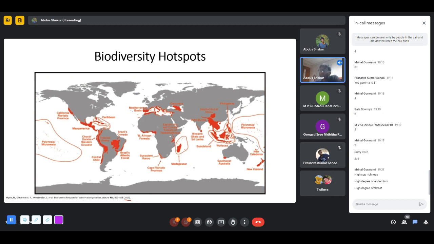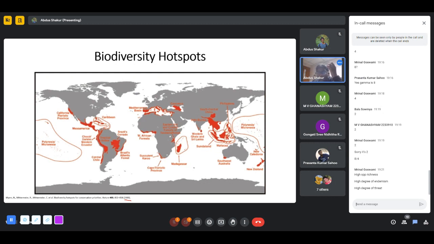There are non-human threats also, but mostly from humans. They overlapped all of these together and found the regions where all three overlap, and they call those areas biodiversity hotspots, hotspots of species, endemism, and threat to their existence.